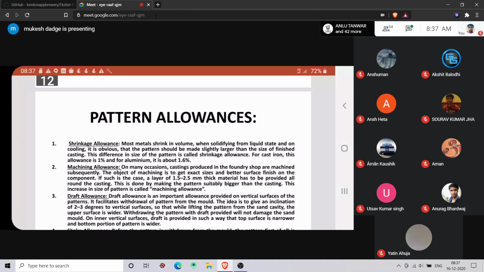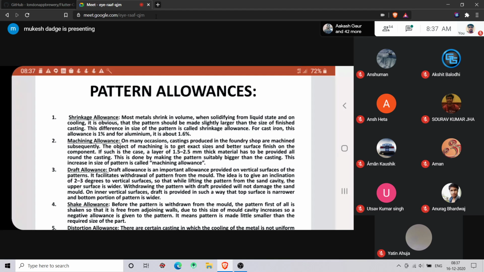Right. So pattern allowances. A pattern is nothing but the replica of your part or product, but there should be some allowances. So it has to be remembered, 5 allowances are there.